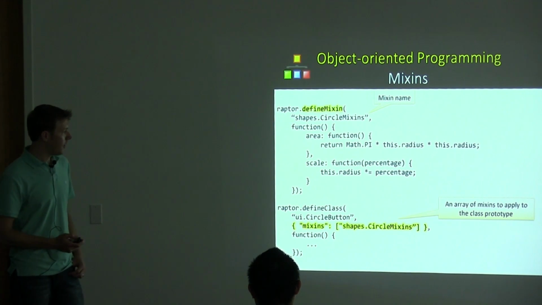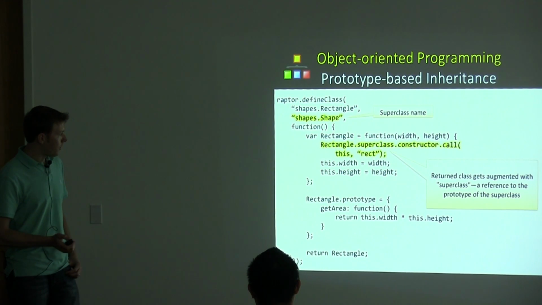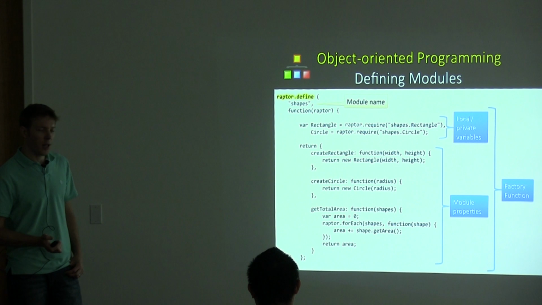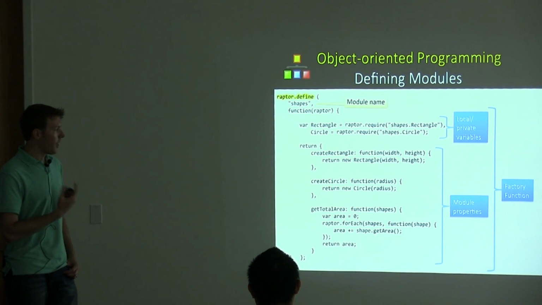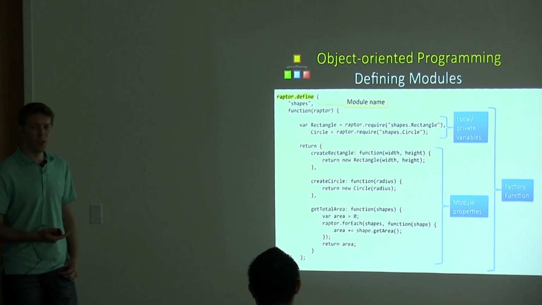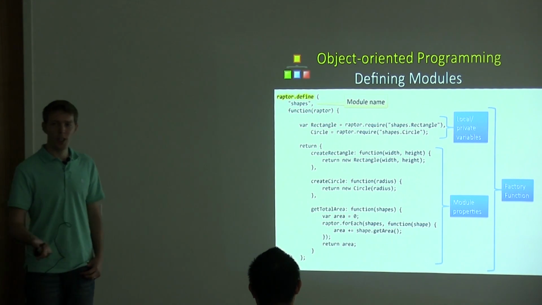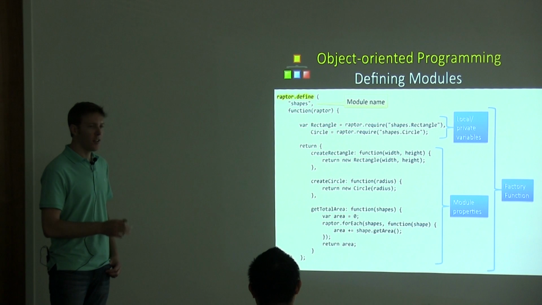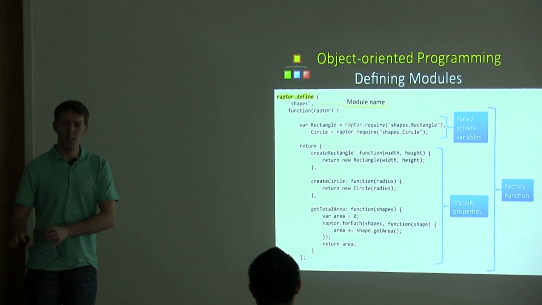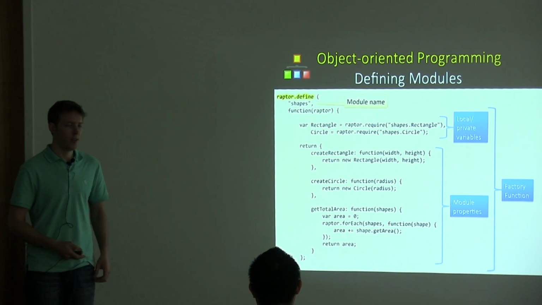So going back to the define module, you see here the create rectangle function. That gets invoked with 2 parameters. Internally, that just calls new rectangle, and that's what gets returned. It's a way to hide the implementation details of your actual module.